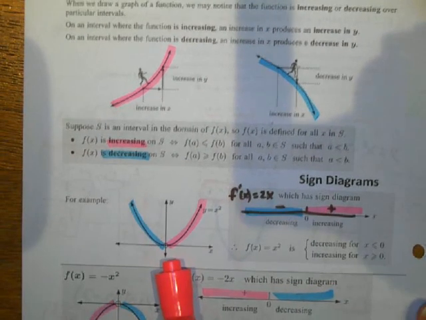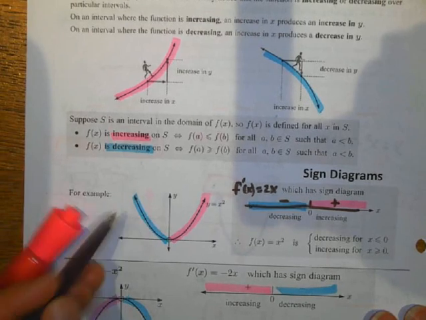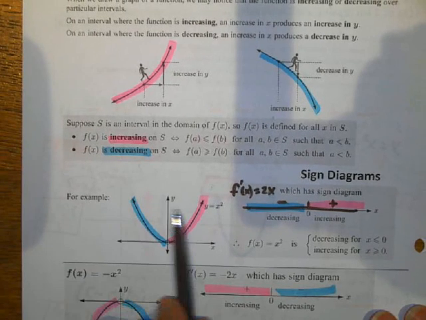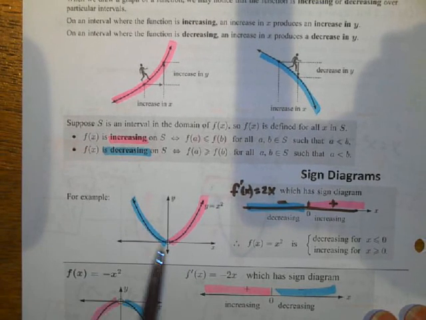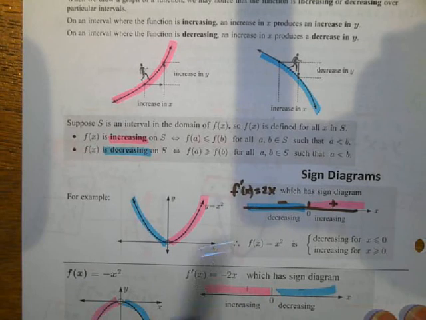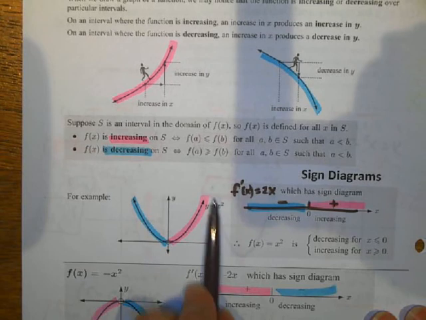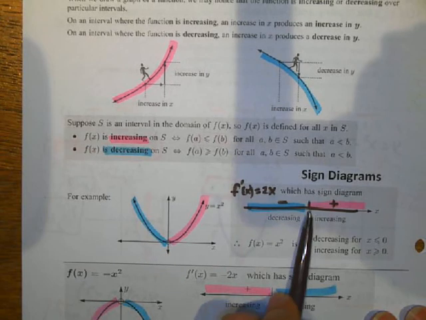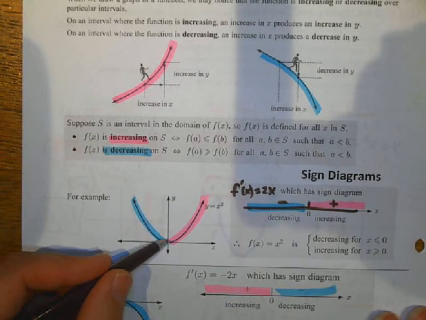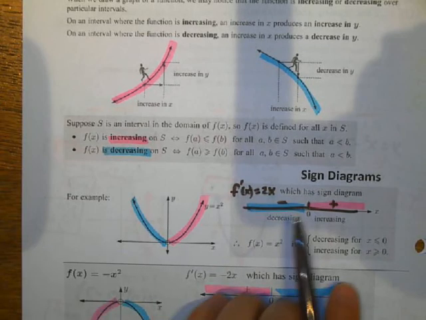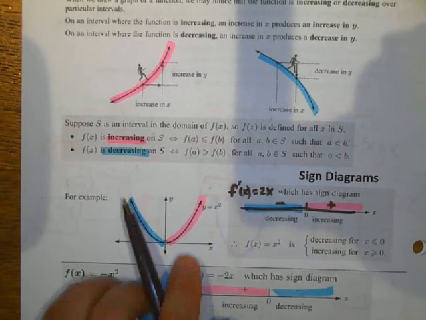Okay, so in this graph here, from here down to here, it keeps going down. So it's decreasing, and at 0 is when it kind of changes, and then it starts increasing. So this is called a turning point. We'll talk more about that on the next lesson. And so if I want to draw a sign diagram, here we have negative.